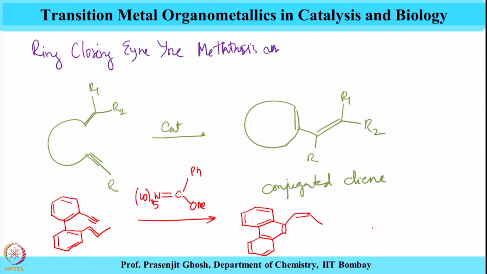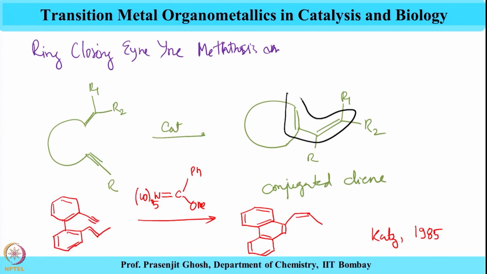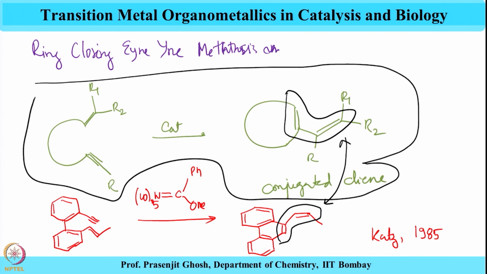This was reported by Professor Katz in 1985, and what this reaction shows is that this conjugated moiety is formed in the product as well and can be seen over here. The above is a general representation of this ring closing enyne metathesis reaction.